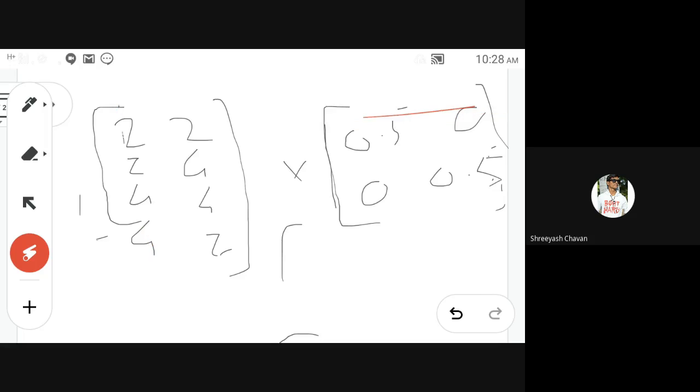Now this value will be changed. The multiplication is in terms of first row and first column.